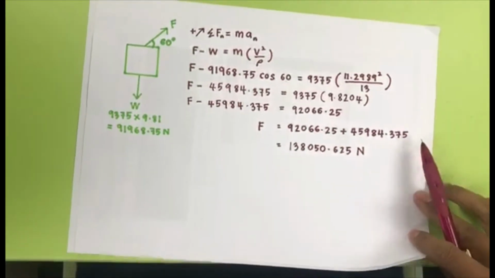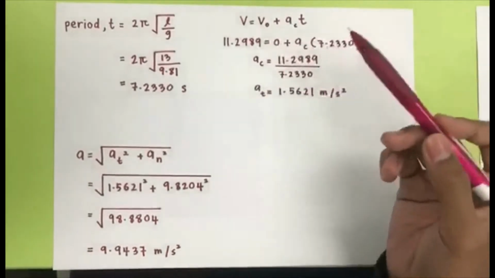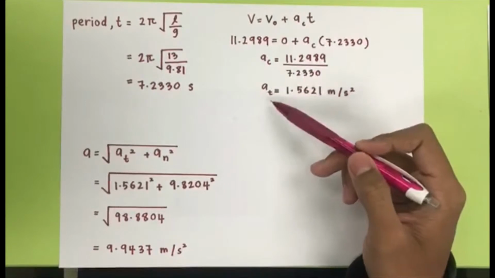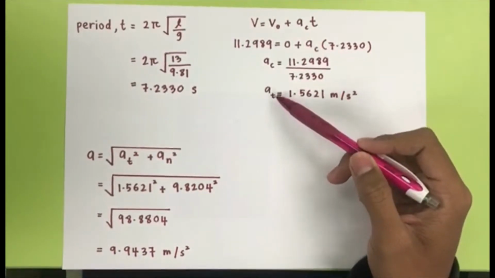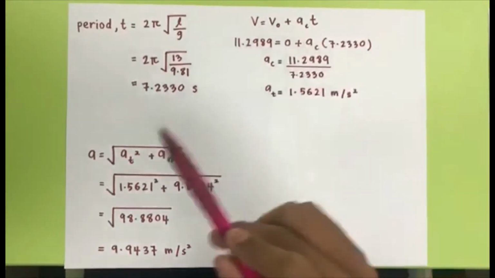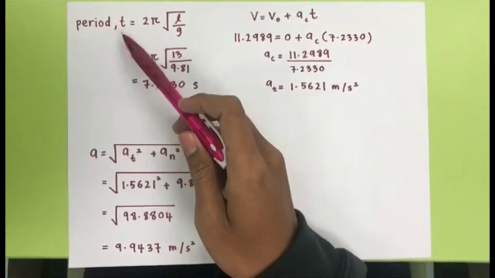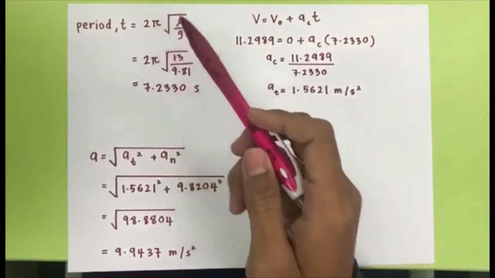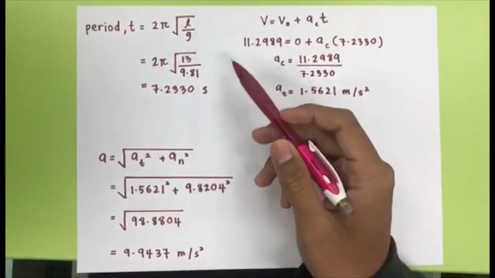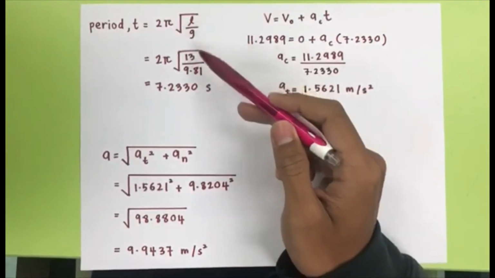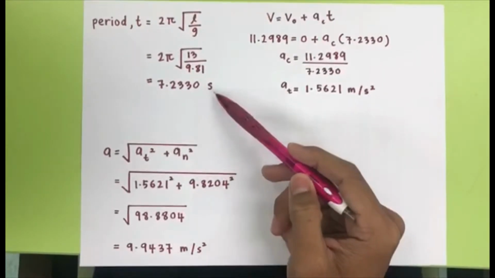The next step is to calculate the constant acceleration, which is the tangential acceleration. To calculate this, we have to use the formula of period, T equals 2 pi square root of L over g. By substituting the values into the equation, we get T, which is 7.2330 seconds.